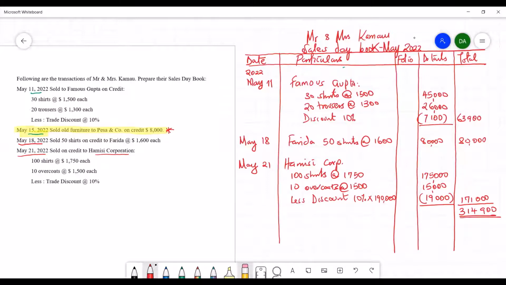And that is how to prepare the sales journal. What to remember there is that where we have sales of non-current assets, like we saw on May 15, such sales of non-current assets are not recorded in the sales journal, but in a different journal known as general journal. We shall look at that later.